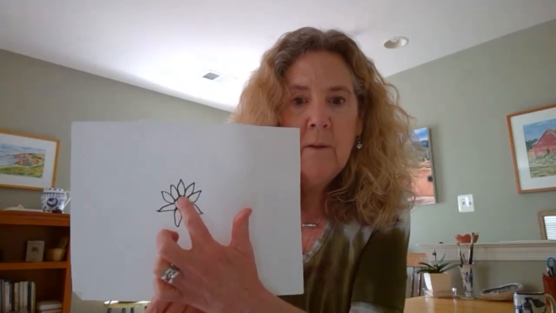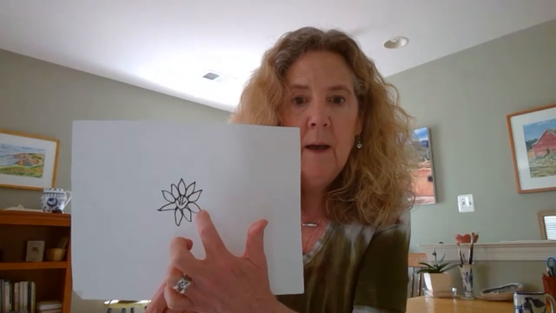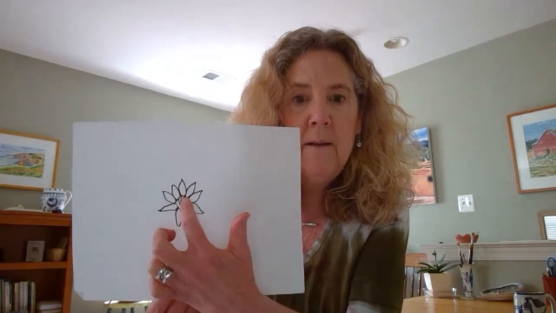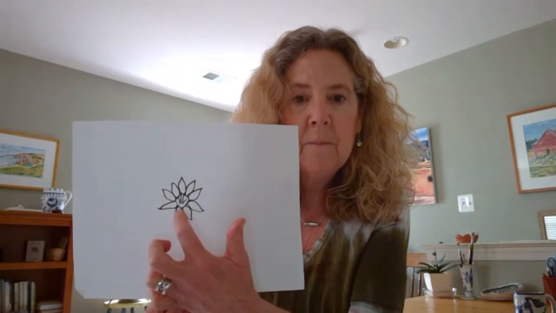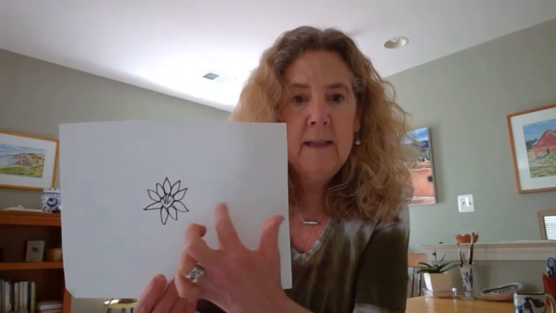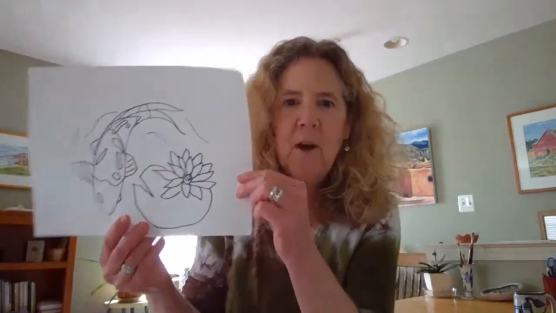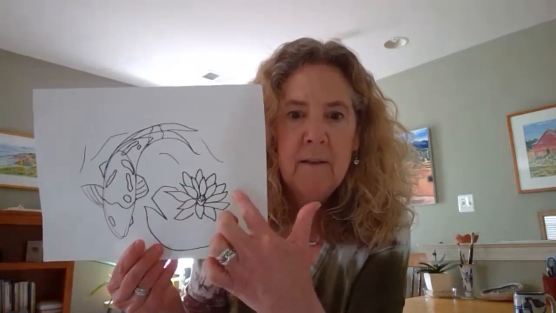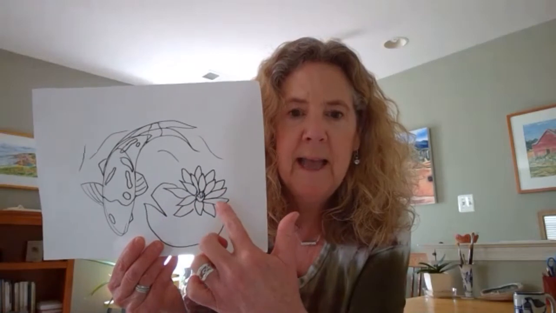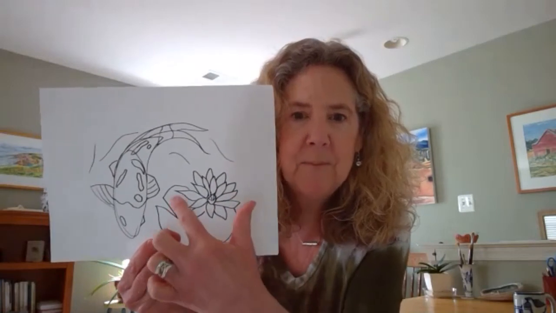Now, I noticed that the petals go up, up, up, and around the lily flower, like the hands of a clock. And then it usually sits on a lily pad, which is shaped kind of like a Pac-Man. So here I have this one where I've gone in and I've shown a few more of the petals of the water lily, and the big Pac-Man shape.